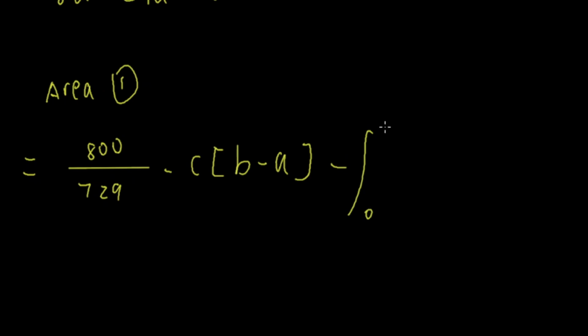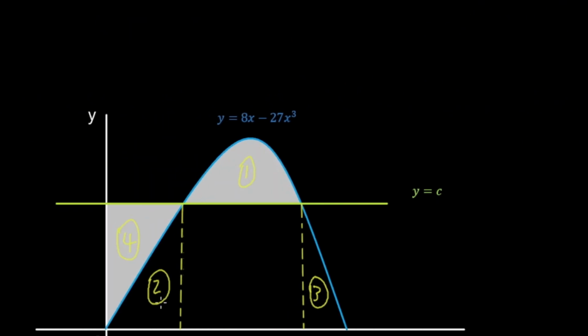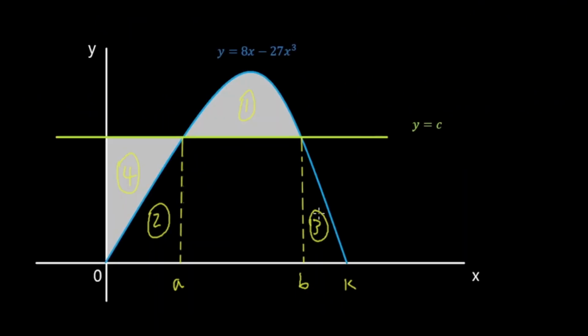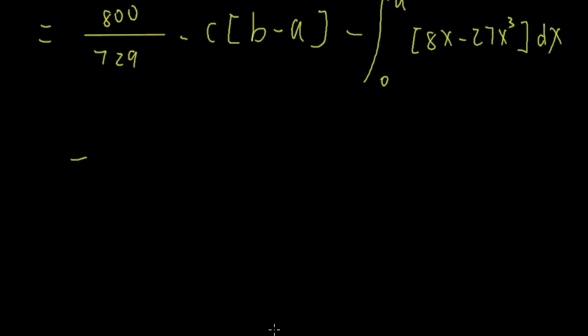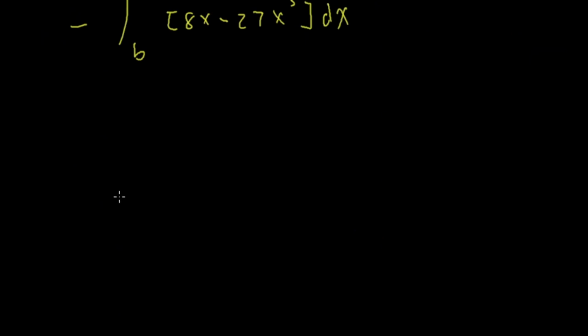Now next, subtract area 3, which is the integral from b to k under the cubic function here. So that's area 1.